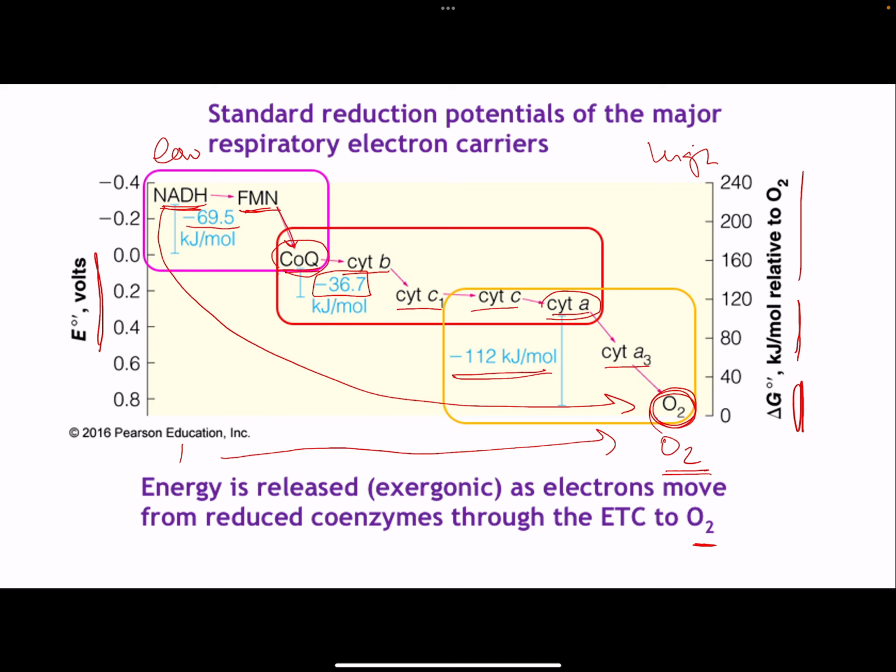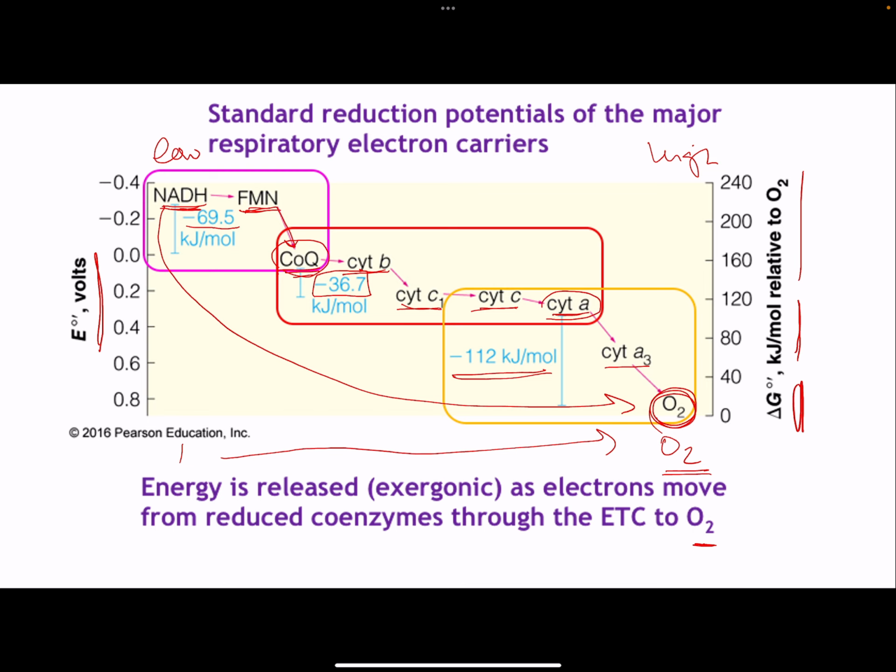We want to take advantage of these individual small increments in order to basically create a proton gradient between the inner membrane and the intermembrane space. So these are the important properties to remember, that they're organized from low to high standard reduction potential.